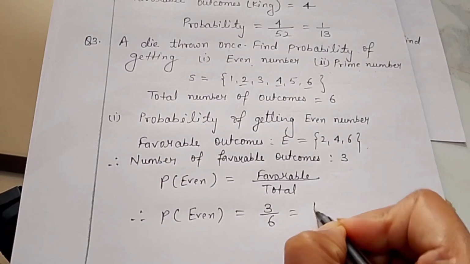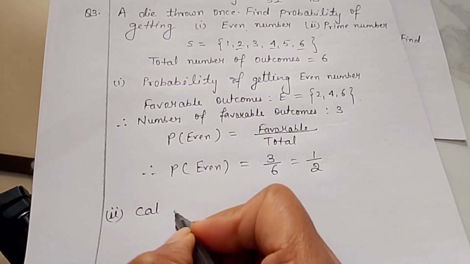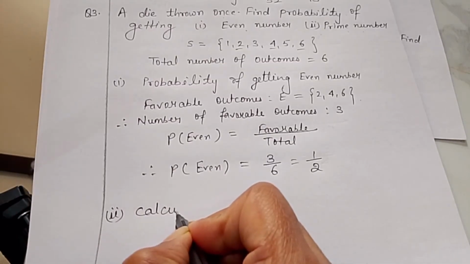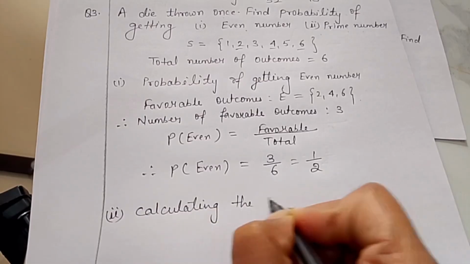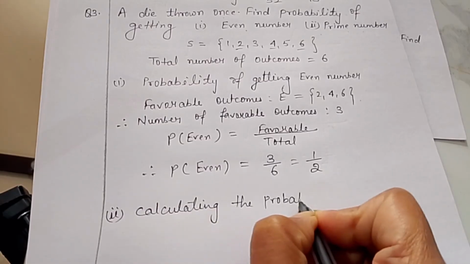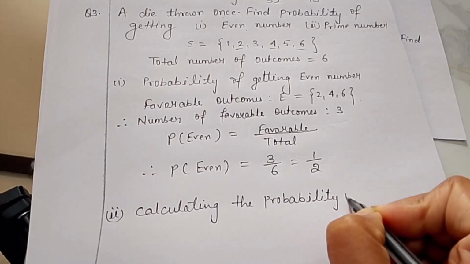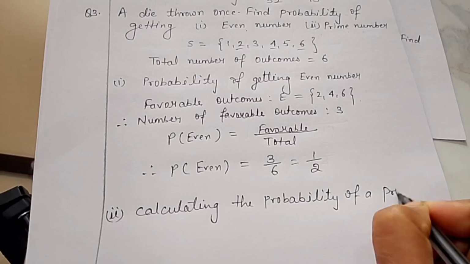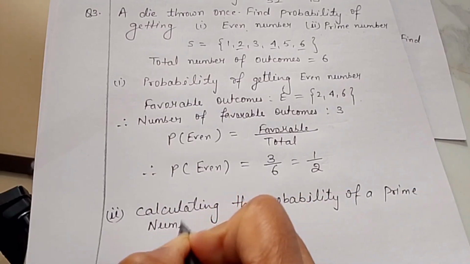When you simplify, you will get 1 by 2. Now, second part, calculating the probability of a prime number.